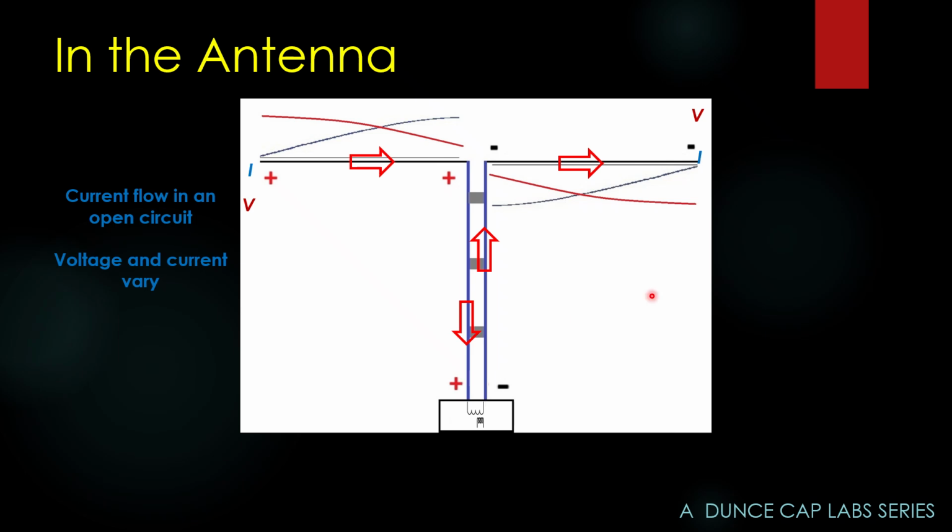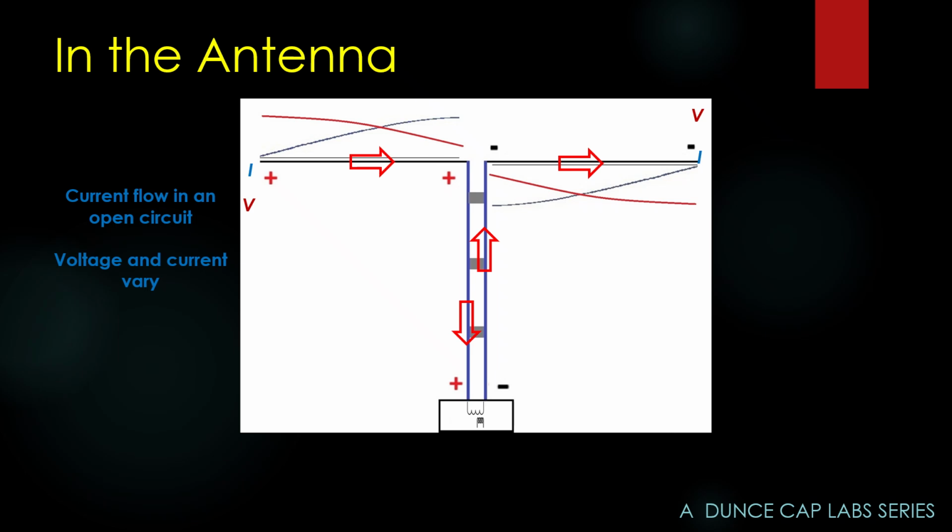Notice also, I've got graphs up here. Let's go over here. At this point right here, we have a positive voltage that gets very high at the end. We also have a positive current that is very high, but it drops to 0 at the end. The opposite over here: negative voltage that gets very high at the end, negative current that is high, but drops off to nothing.